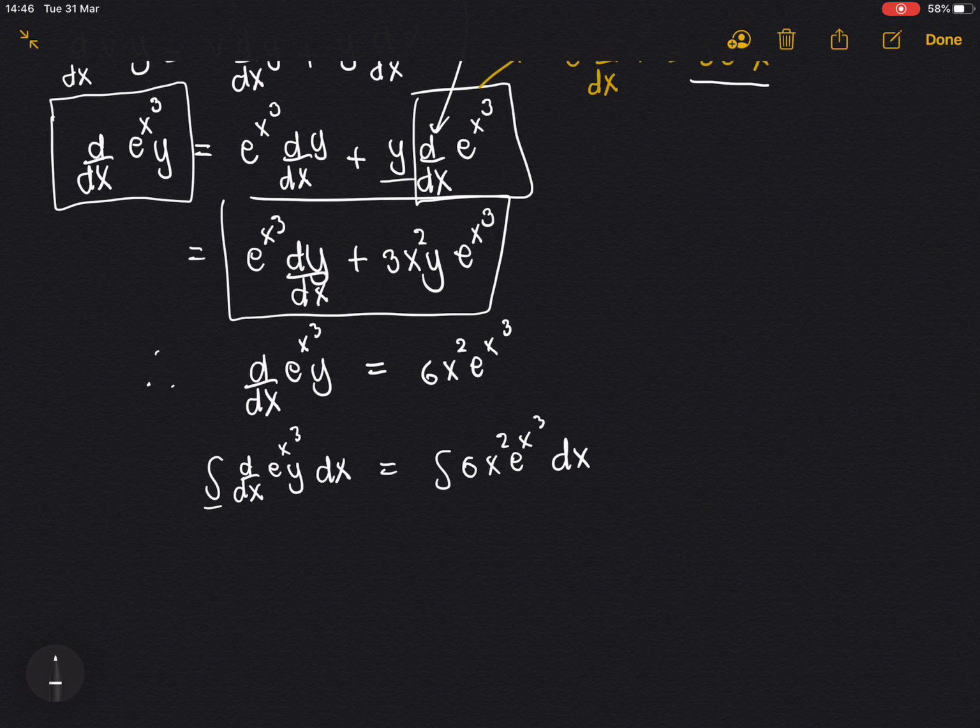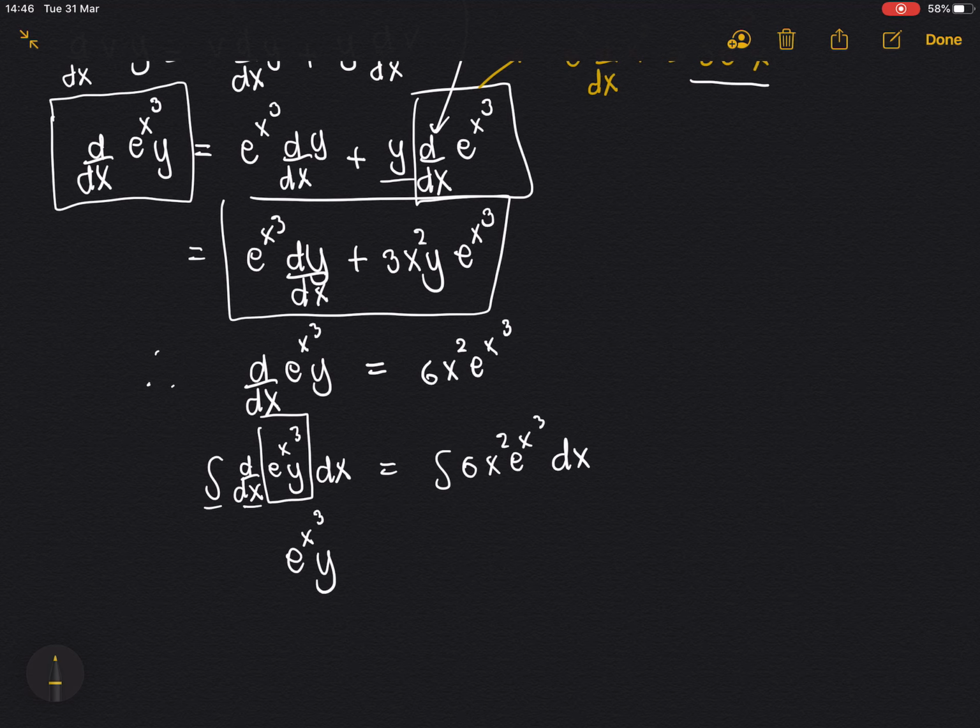These integrations, which means the antiderivative and the derivative, can be cancelled out. Therefore, you will be left with the integrating factor multiplied with y on the left hand side of the equation. On the right hand side, you have to find the integration of 6x squared multiplied with the exponential of x cubed.